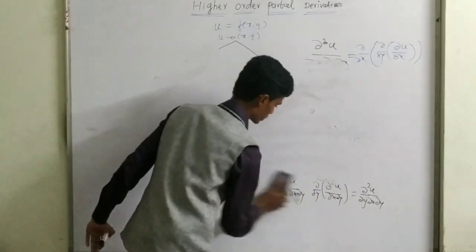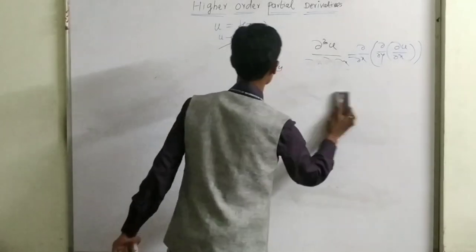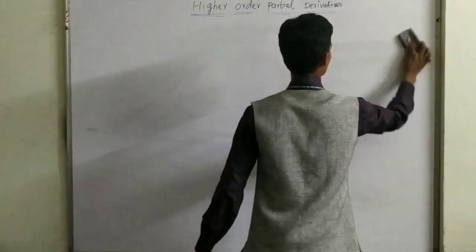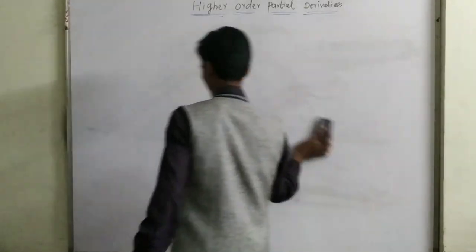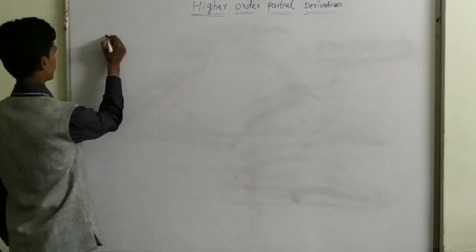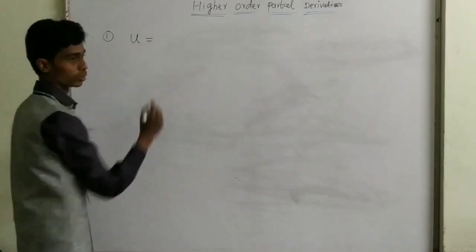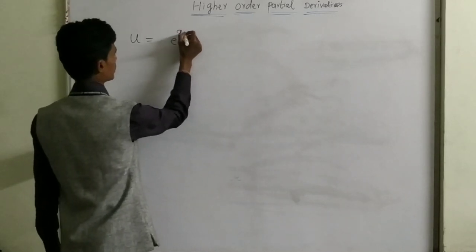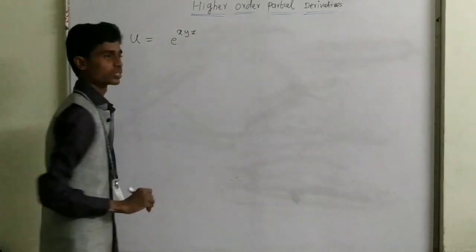So first, if u is equal to, I'm taking here, suppose question first, u is equal to e raised to x y z. Clear?